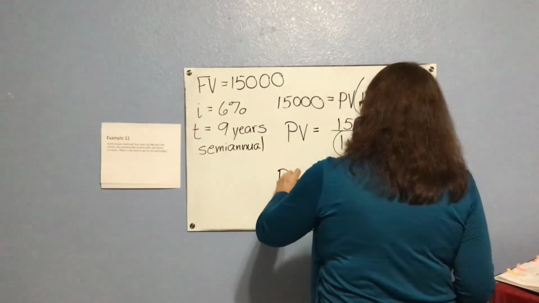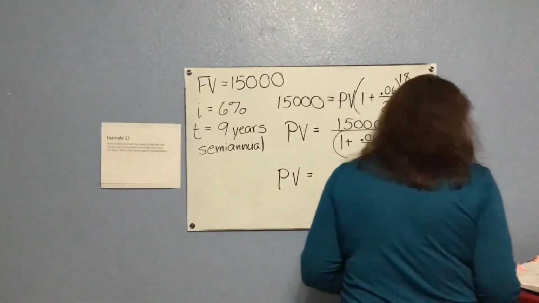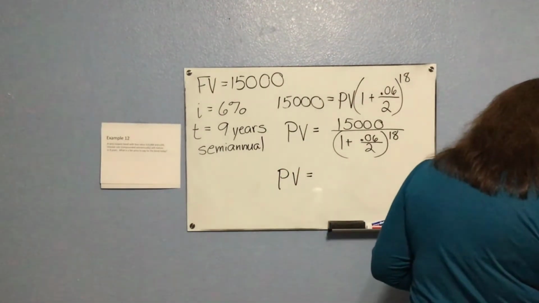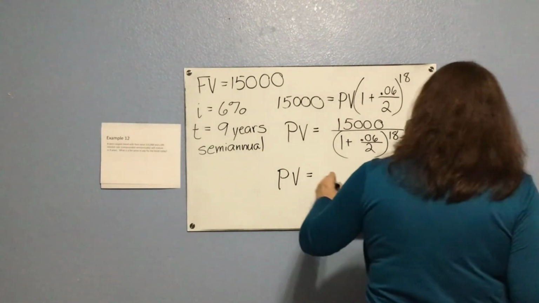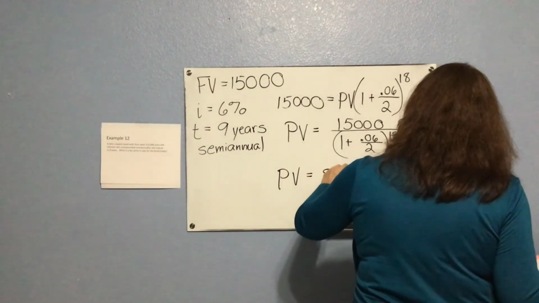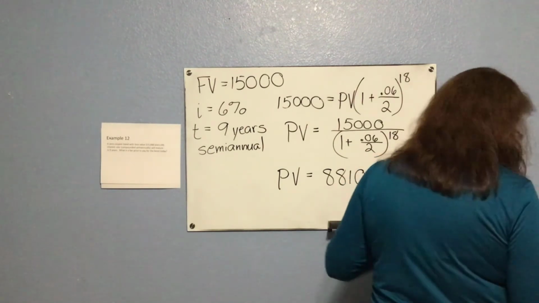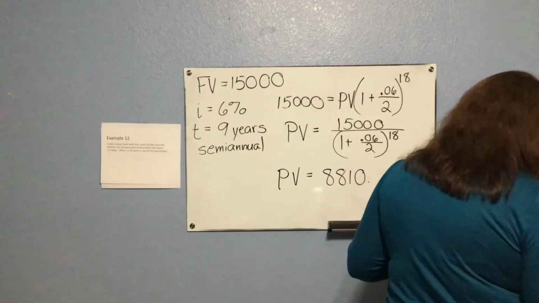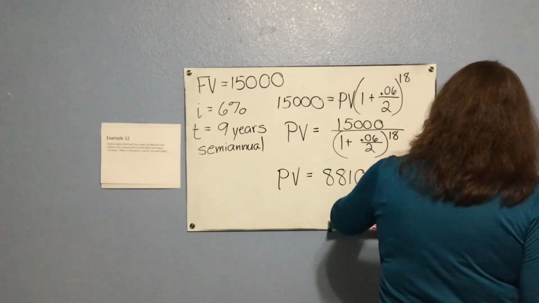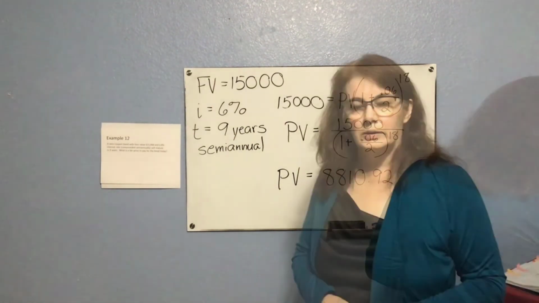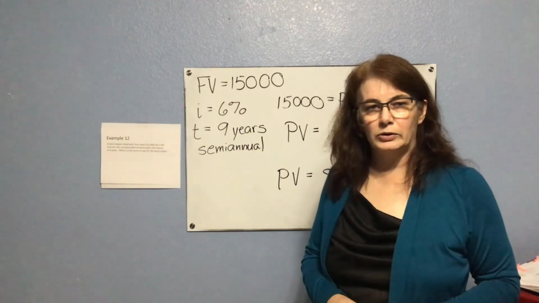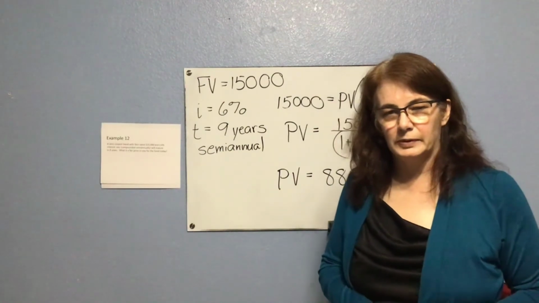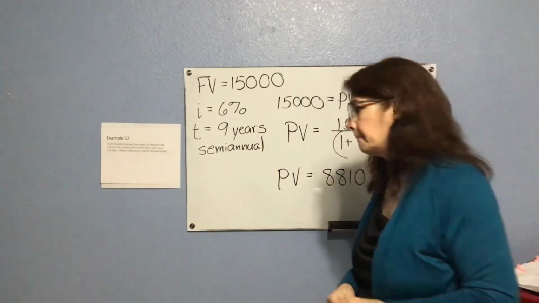But when you calculate all of that, you see that a fair price for this bond would be approximately $8,810 and 92 cents. So pause the video and work on your own similar problem to this one in checkpoint 10.